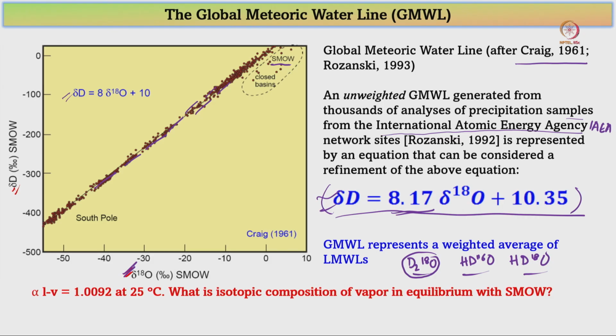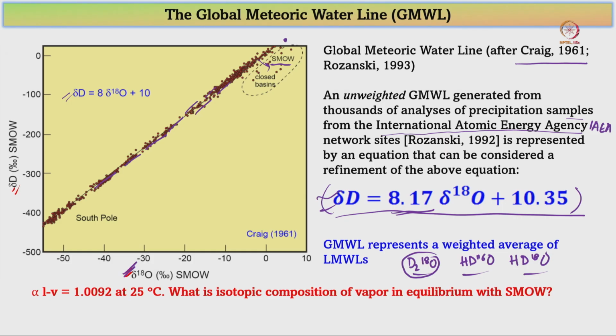Not that it is supposed to fall on the meteoric water line, but thinking that all the meteoric water, all the rainwater, all the precipitation is sourced from the ocean water, one can start expecting that the ocean water should also lie somewhere here, right. But no, we do not see it there, we see it a little bit fractionated towards the side, and it is showing us a specific thing.